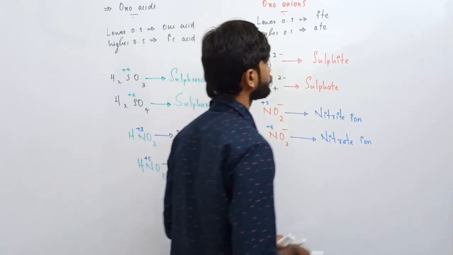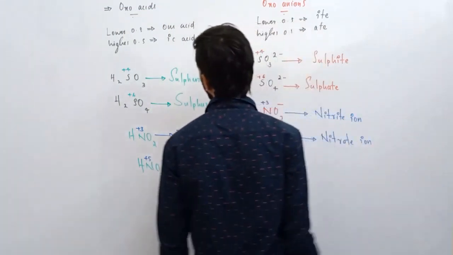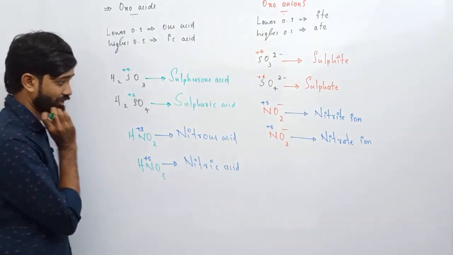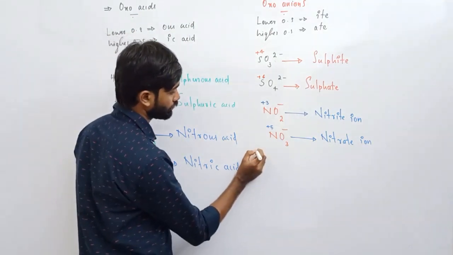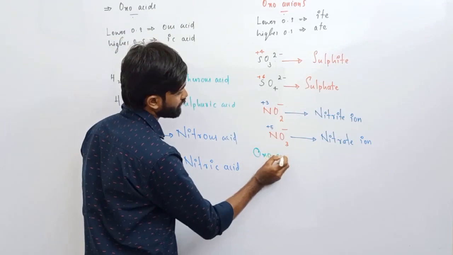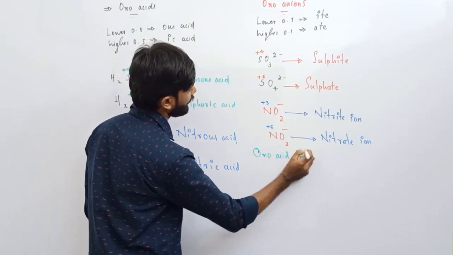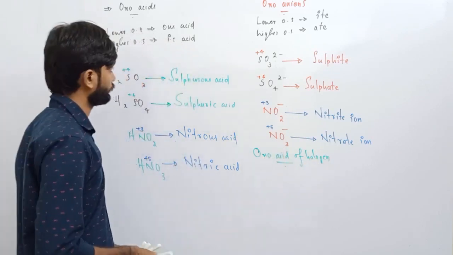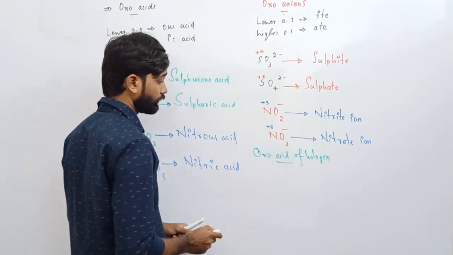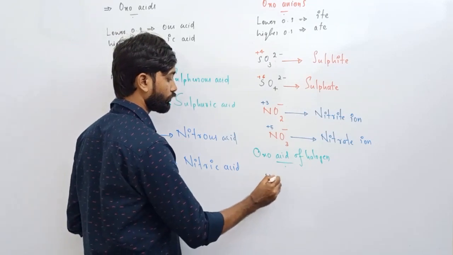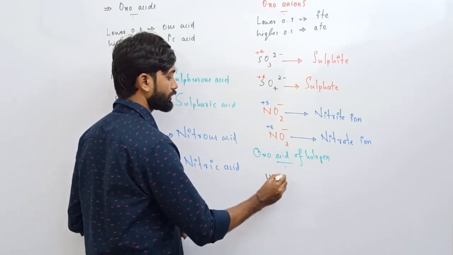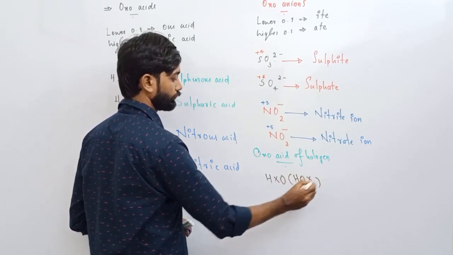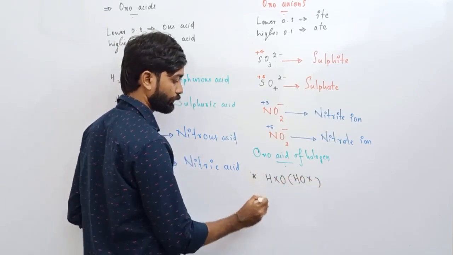And you can check it in the oxo acids of halogens. Halogens have four different kinds of oxo acids. HXO, otherwise said to be HOX, is the first category.